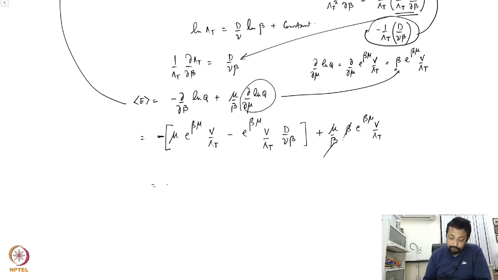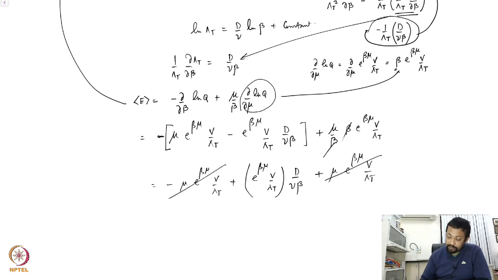This gets cancelled out, and you have minus mu e to the power beta mu V over lambda_t plus e to the power beta mu V over lambda_t. We'll enclose them in a bracket. You will see in a moment why this is so. d over nu plus beta mu e to the power beta mu V over lambda_t.